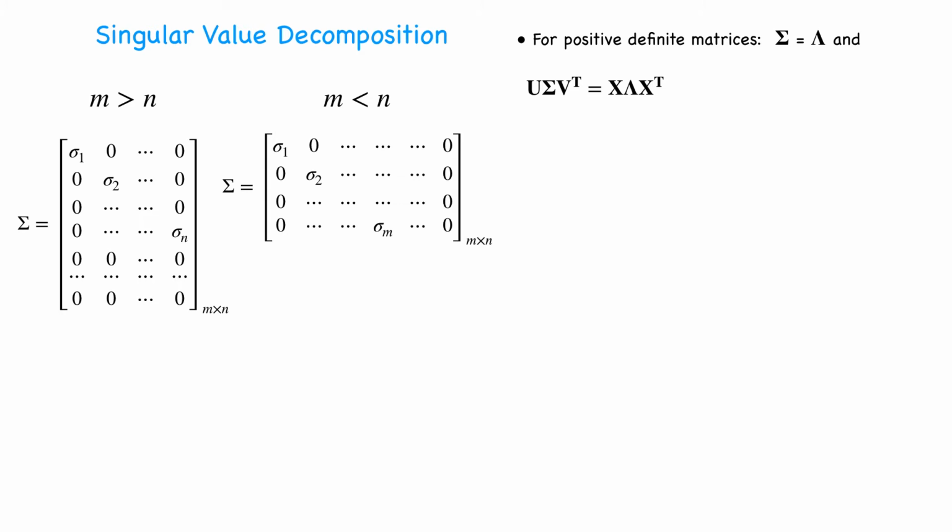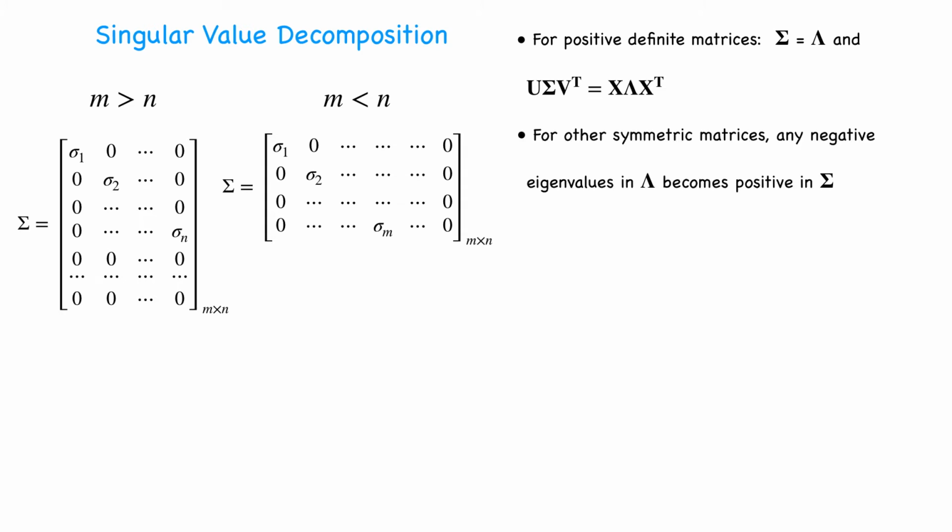For positive definite matrices, which means A has eigenvalues greater than 0, sigma would be equal to lambda, and U sigma V transpose is similar to the eigenvalue decomposition X lambda X transpose. For other symmetric matrices, any negative eigenvalues in lambda become positive in sigma.